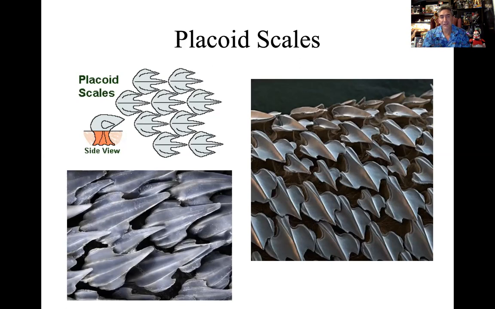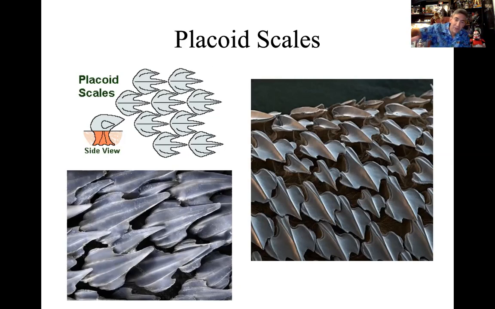But also because of the way that they're positioned, it basically enables or enhances the shark's hydrodynamic quality. So if you're going to be swimming through water, the more hydrodynamic you can be, the more efficient you can be, the less energy that you're going to expend swimming through there. So again, if you were to put your hand at the front part of the shark and work your way across, it's smooth going this way.